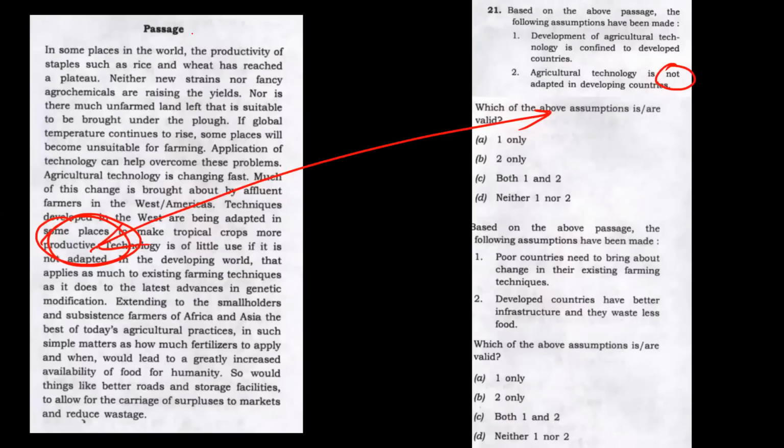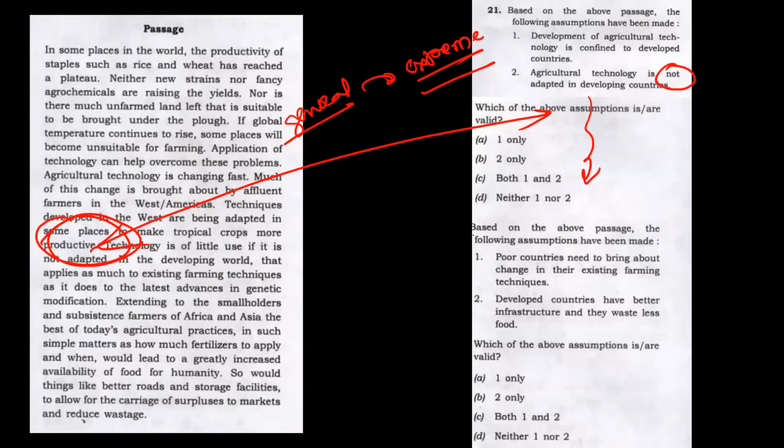Once you learn this, it is very easy for you. What they are doing is picking general statements and making them extreme. Guys, are you able to follow this? Because the passages will change, but the way they are framing the question will remain the same.